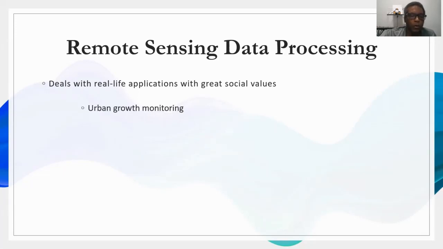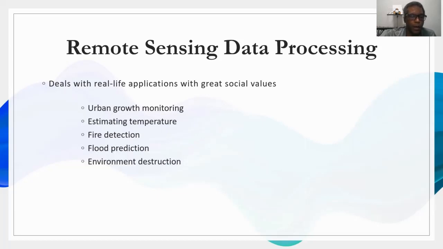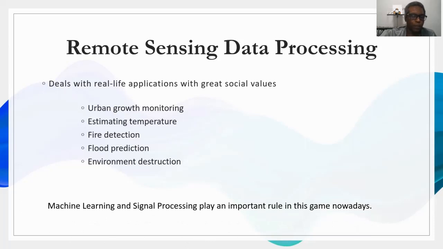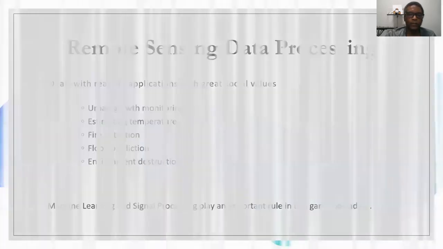For example, urban growth monitoring, estimating temperature, fire detection, flood prediction, and environmental problems that we have nowadays. So, machine learning and signal processing play an important role in this game nowadays, right?